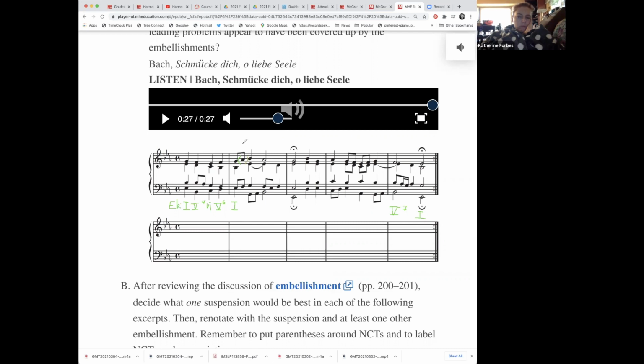Those are passing tones. Good. Christian, what's the next chord? We've got an E flat, we've got a G, and we've got a B flat.